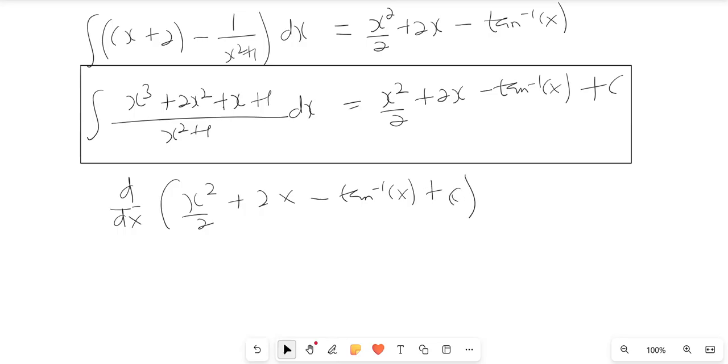If we differentiate this, we should be able to get x cubed plus 2x squared plus x plus 1 all over x squared plus 1. So that is the value of this integral.